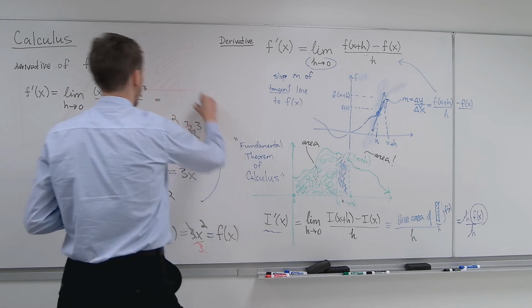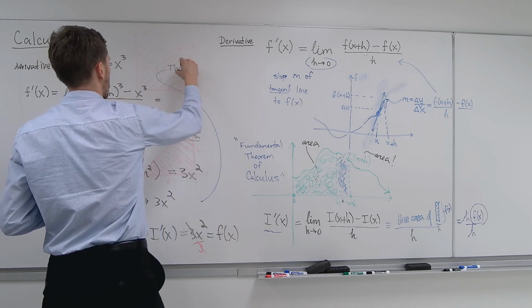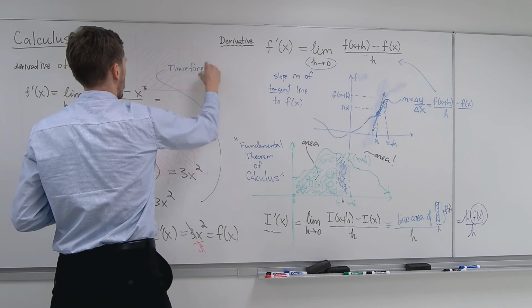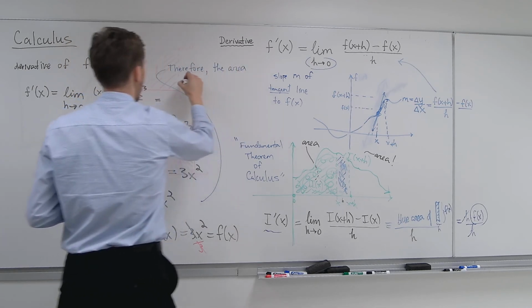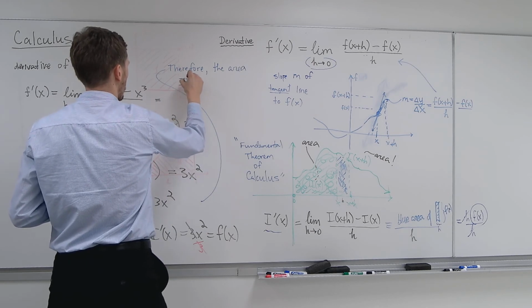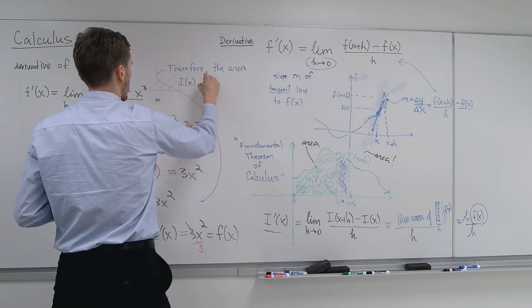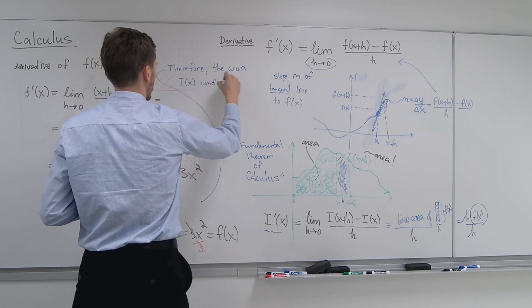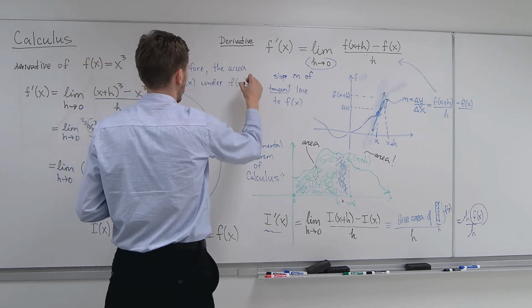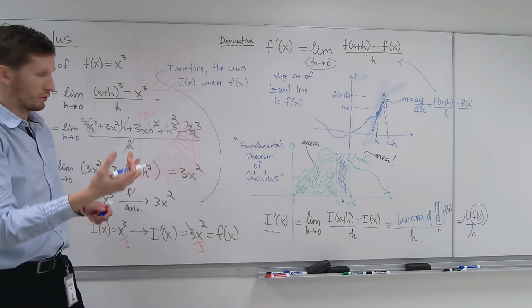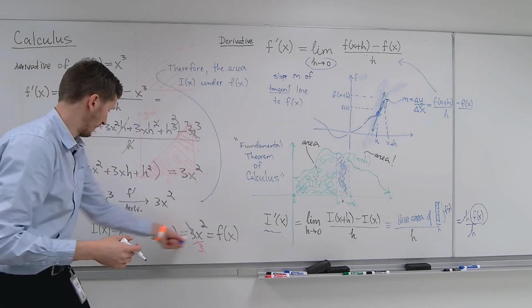So I'm going to write that here. Therefore, the area I of x under f of x. Okay. Let me first do that without these x cubes and x squared specifically.